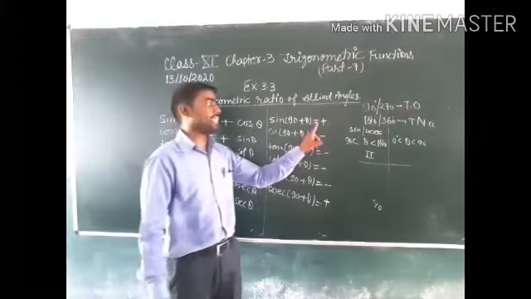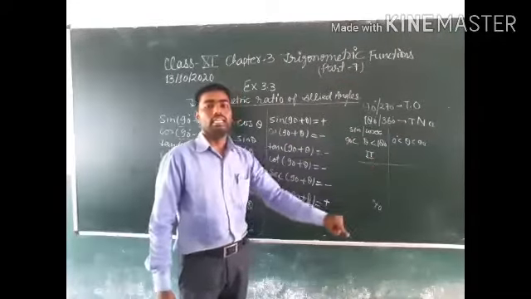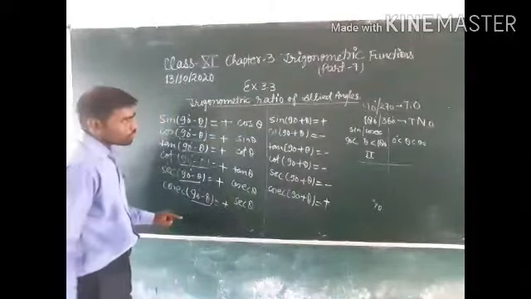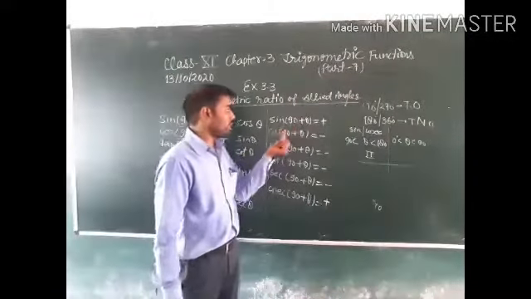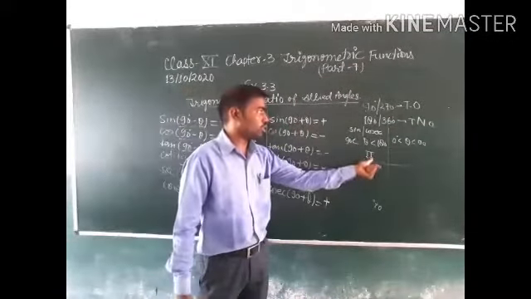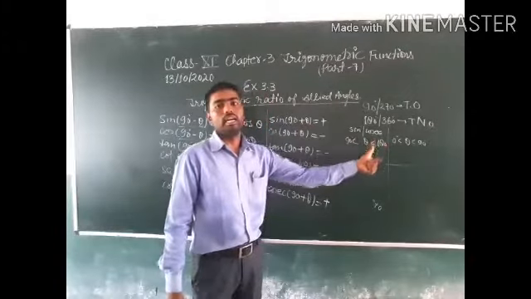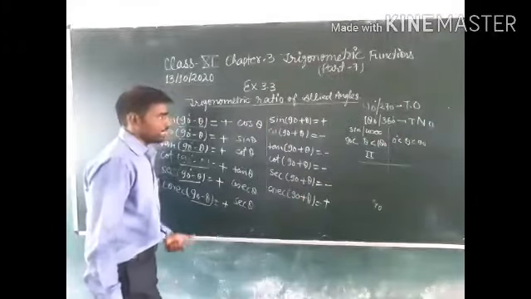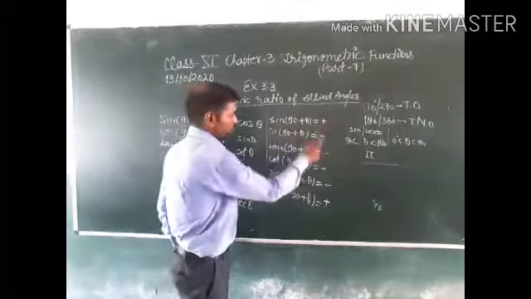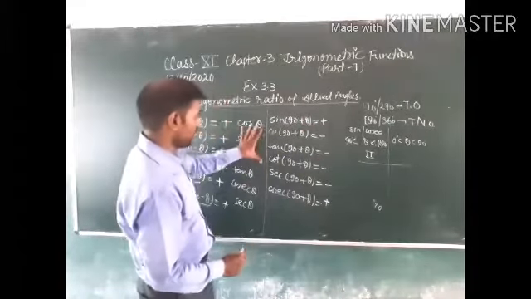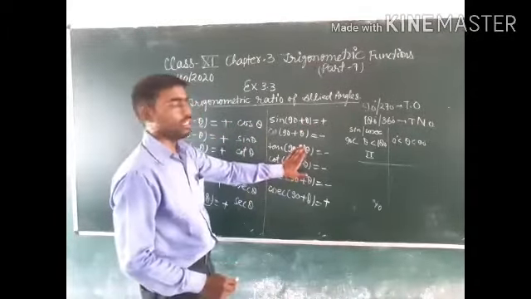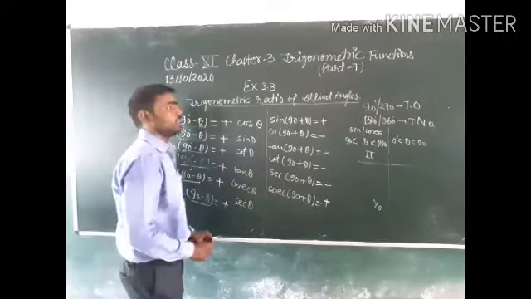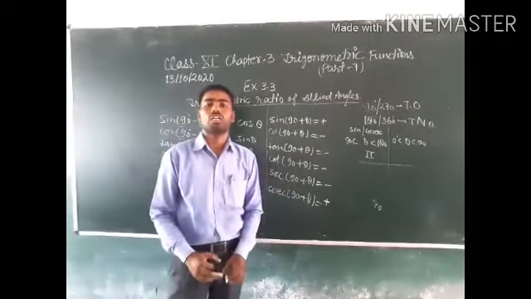First identify the quadrant, and next the sign of the quadrant. Now, does transformation occur or not?